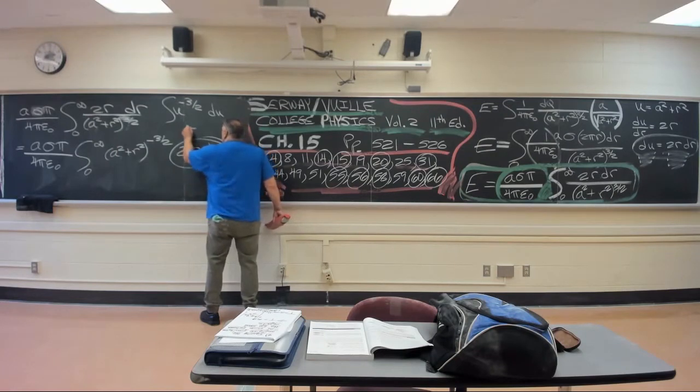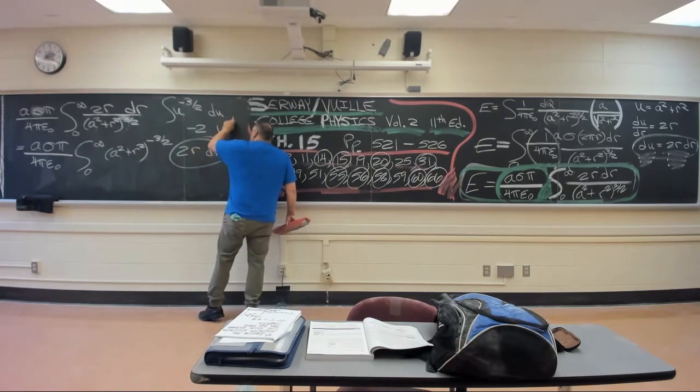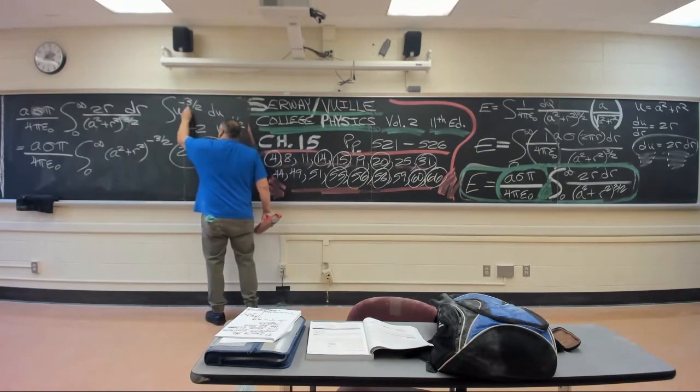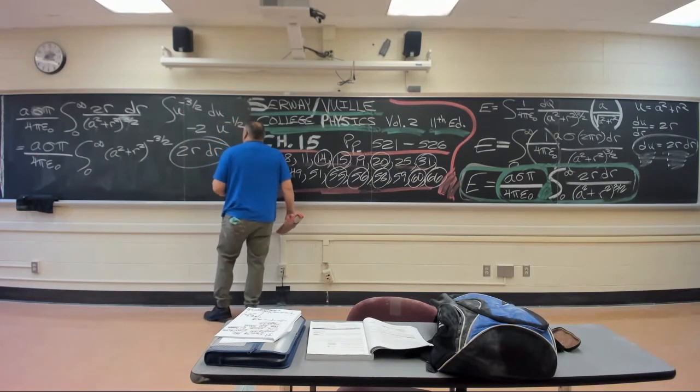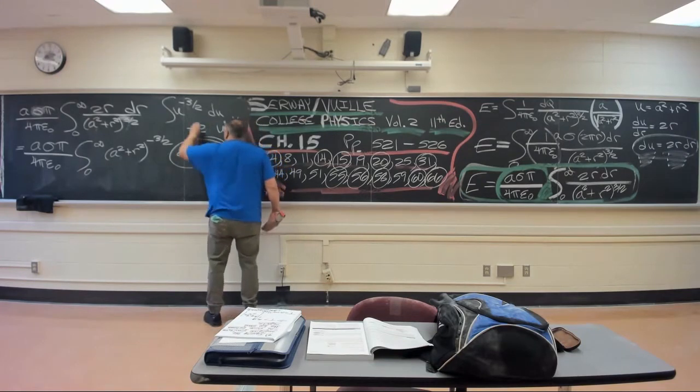Let's add 1 onto negative 3/2. You get negative 1/2, and then take 1 over negative 1/2, and you're getting this.